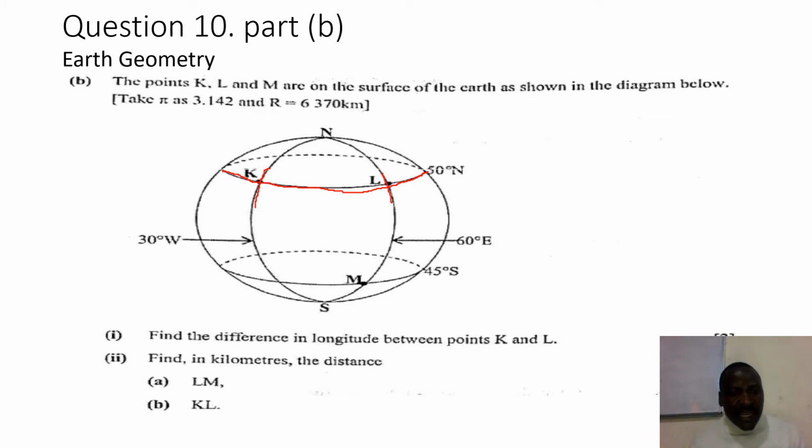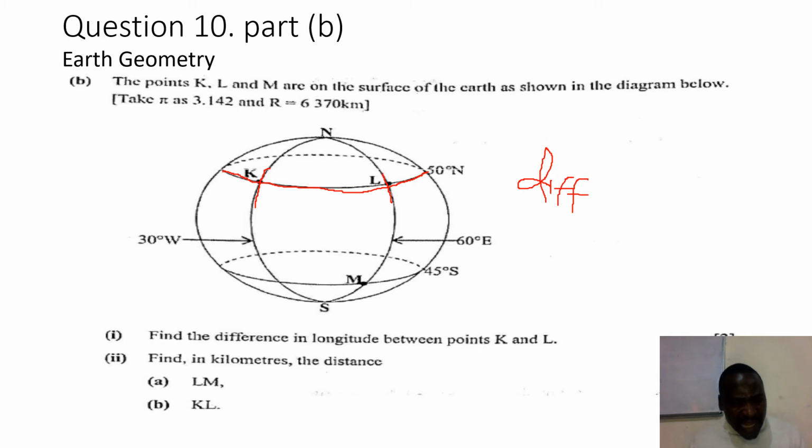So we are going to find the difference in longitudes. You realize that point L is 60 degrees east and point K is lying on a longitude 30 degrees west.